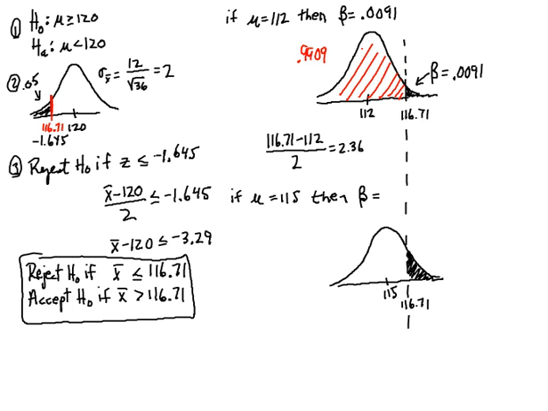If the real population average is 115, then I'm going to have a little bit more probability of making the type 2 error. I'm going to calculate the z-score here.